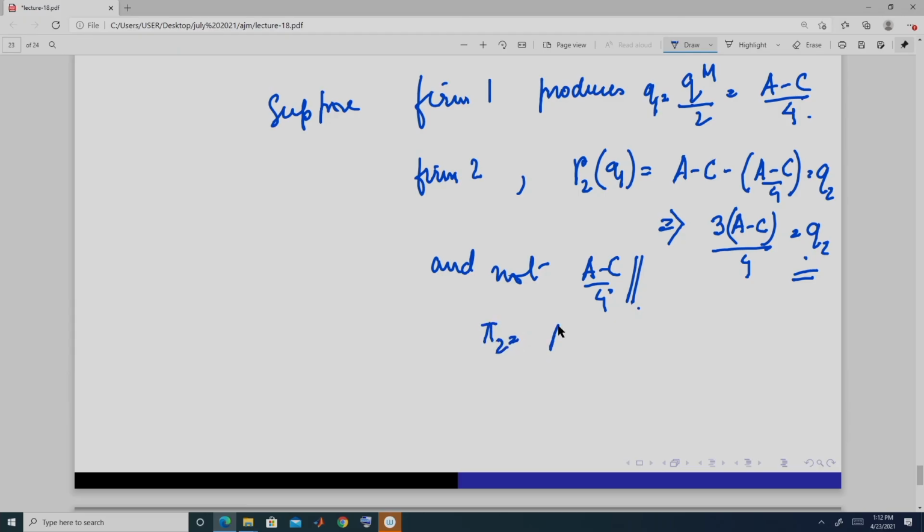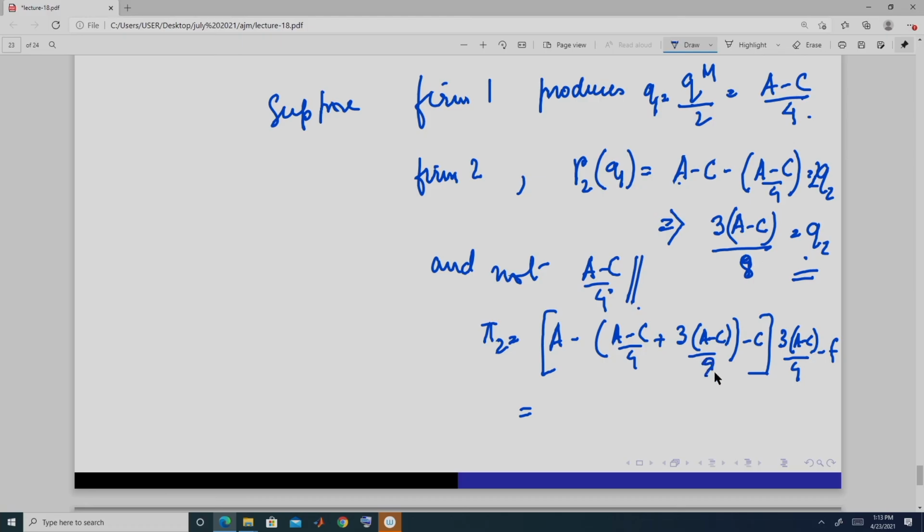So, if we take this combination, then what is the profit of firm 2? This is okay. So, the reaction function will have a 2 here, right. So, this will be 3 by 8, this will be 3 by 8 like this.